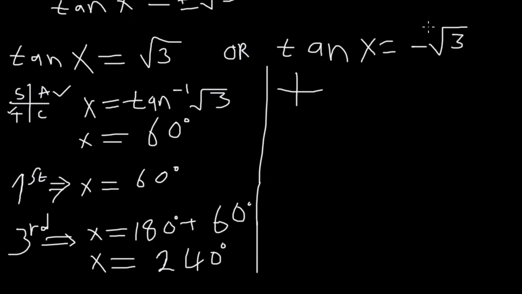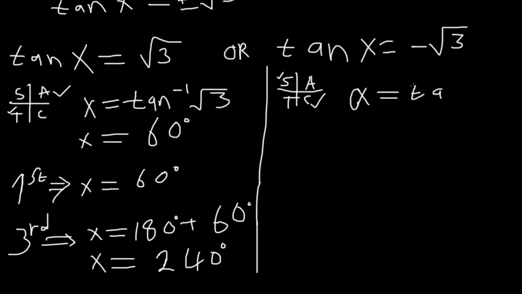Since we have our tan x to be negative, we know tan is negative in the second quadrant and in the fourth quadrant. So we are going to find our value of x first, which is just going to be the same 60, where I say tan inverse of the root of 3.